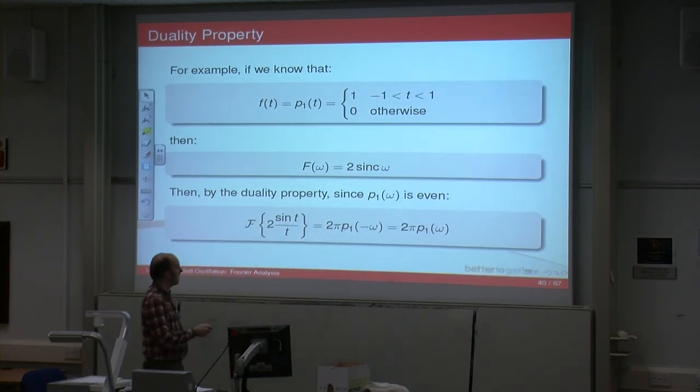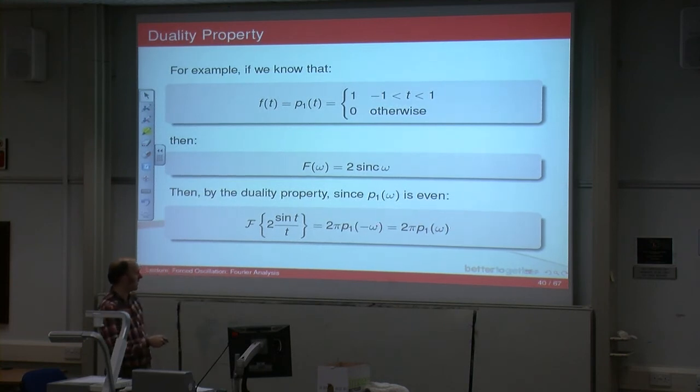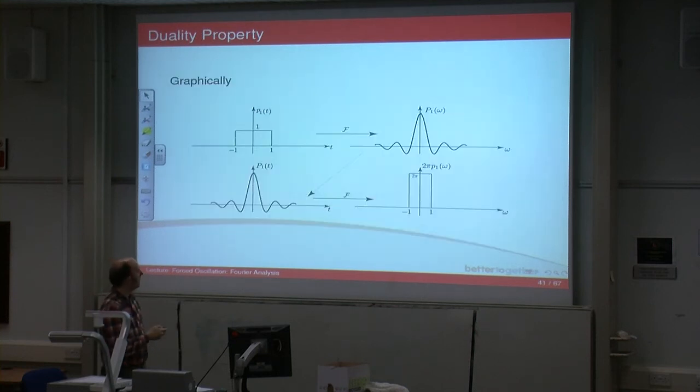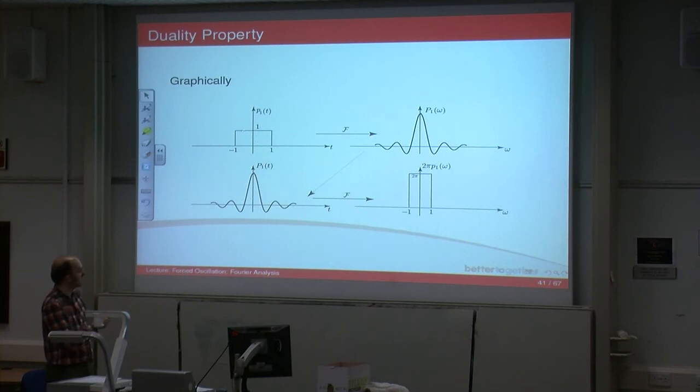And because it's even, p1(minus omega) is equal to p1(omega). So what that looks like is here is our function. We take the Fourier transform of it, you get the sinc function. If the time signal was a sinc function, you take the Fourier transform of that, you get back to a rectangle multiplied by 2 pi.